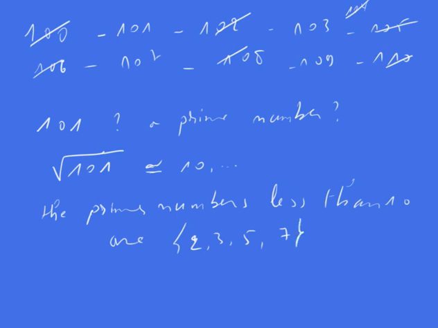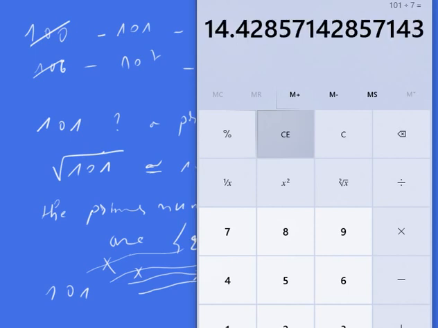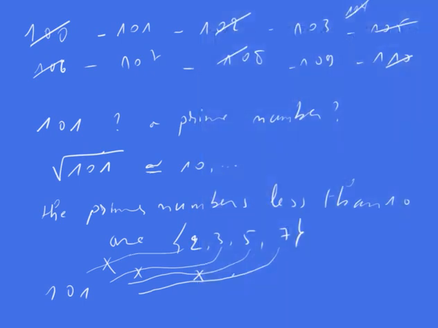So we can verify if one of those numbers divides 101. 2 is not a divisor because 101 is an odd number. 3 is not a divisor because the sum of digits is 2, not a multiple of 3. 5 is not a divisor because the unit digit is 1, not a multiple of 5. The last is 7. We can verify that: 101 divided by 7 equals 14 and some fraction, so not a divisor. Then we can say that 101 is a prime number.